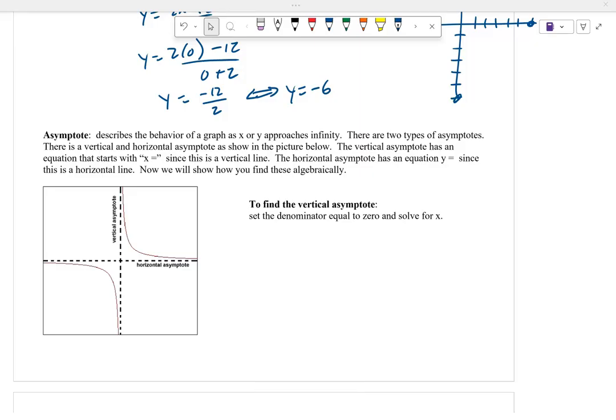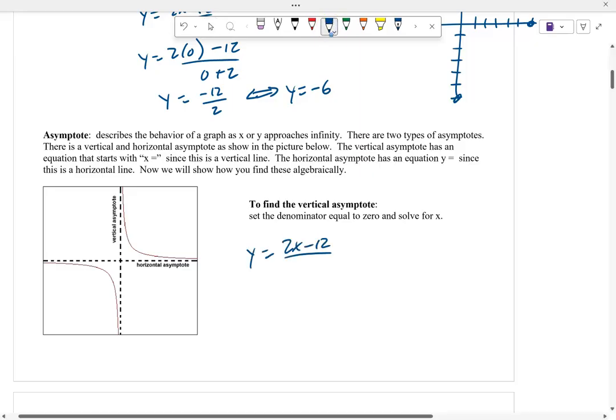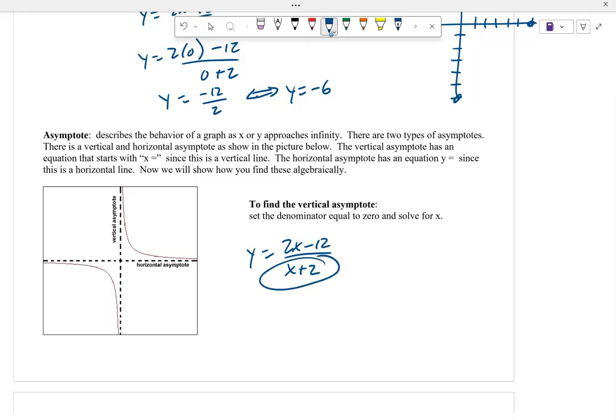For example, with the function y equals 2x minus 12 over x plus 2, the vertical asymptote is where this is undefined. We know we can't divide by 0, so we'd have a vertical asymptote wherever x plus 2 equals 0. Solving that, x is negative 2.